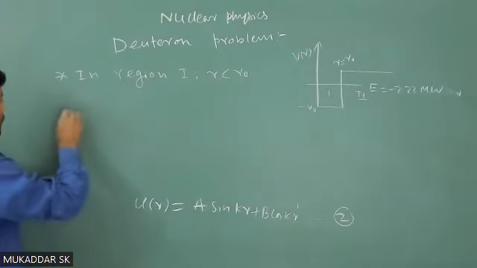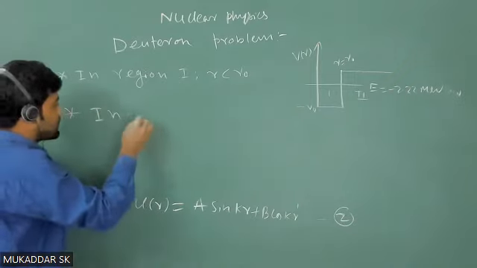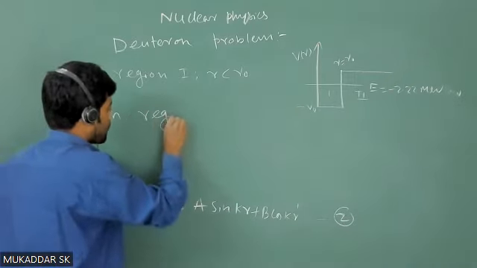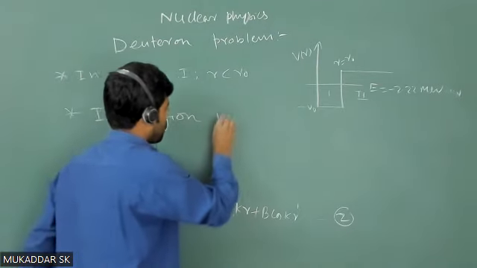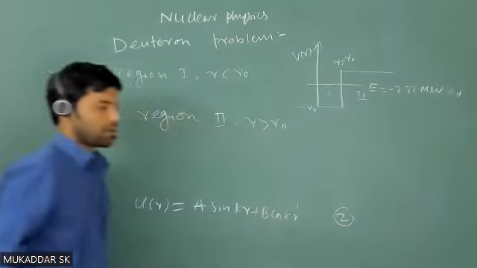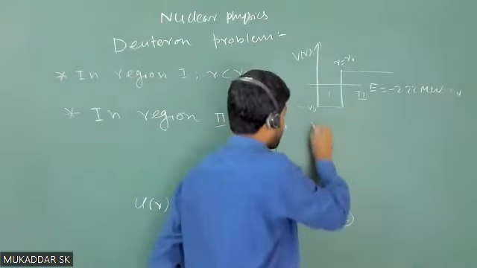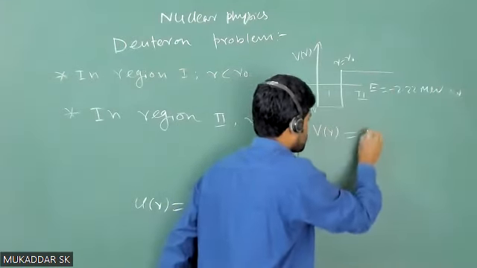Now if I write the Schrodinger wave equation in region 2, where r is greater than r naught, in this region I can see that the potential V of r equals 0.